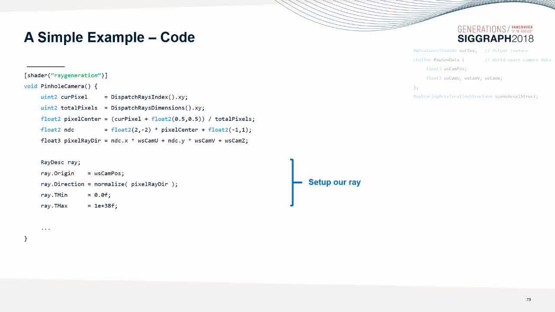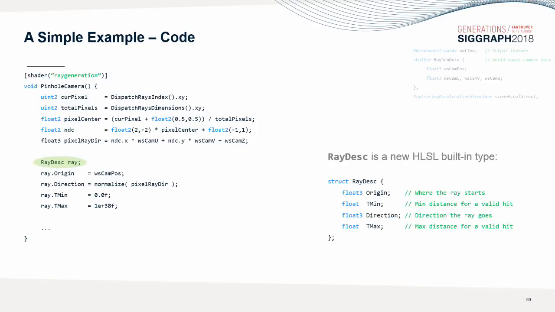Once I have that ray direction, I can set up my ray. To do this, I'm going to use the new DirectX data structure called RayDesc, which is the built-in type here. It has an origin, a TMin, a direction, and a TMax. So if you want to define it in curly braces, that's the order you have to define it. Here I'm passing the camera position down as the origin. That makes sense. The ray direction that I just computed through my pixel goes down as the direction.